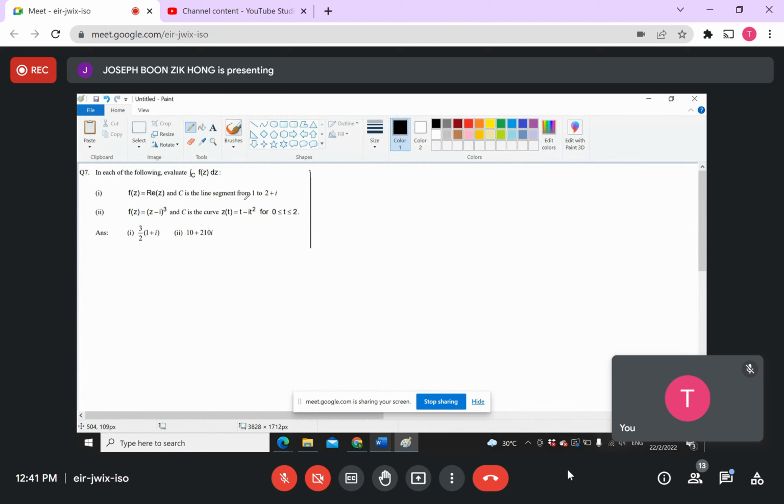This one I just proceed with normal integration. First you have 1 to 2 plus i, so that means it's 1 plus 0i. Your x will be 2 minus 1, so it's (2 minus 1)t plus 1. Your y is 1 minus 0, so t, plus 0.